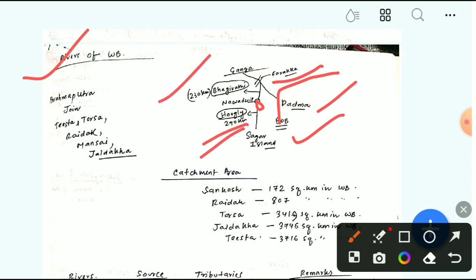So Bhagirathi is 230 kilometers and Hooghly is 290 kilometers, and it gets to Sagar Island. So this is the important map for West Bengal.